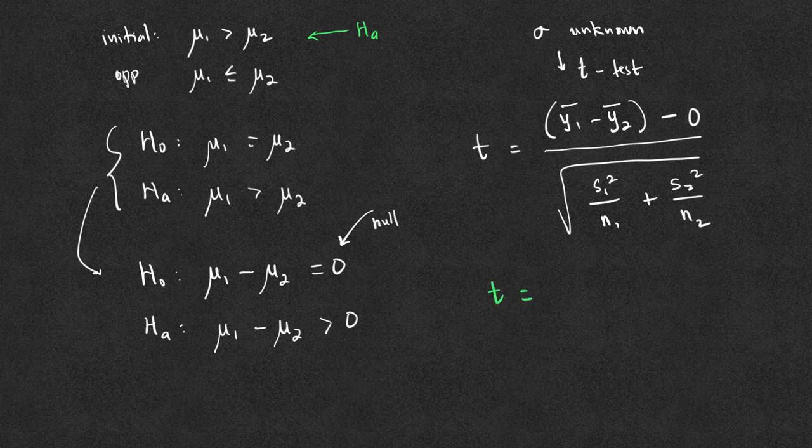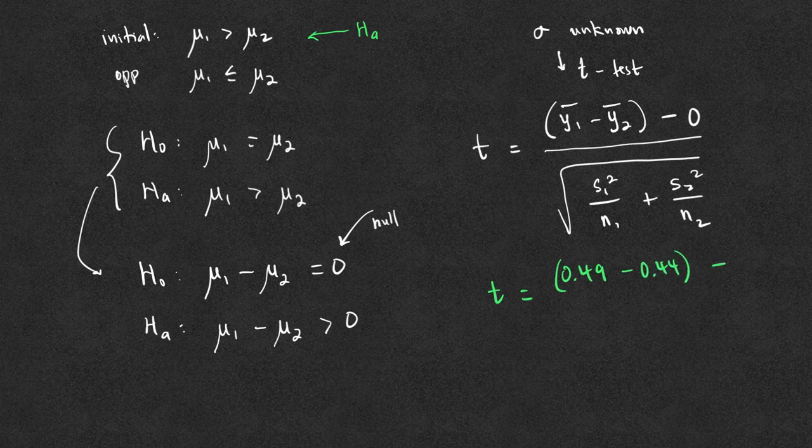Y1 bar is the average pain reduction in the magnet treatment sample, and it is 0.49. Y2 bar is the average reduction in pain in the sham treatment. It is 0.44.